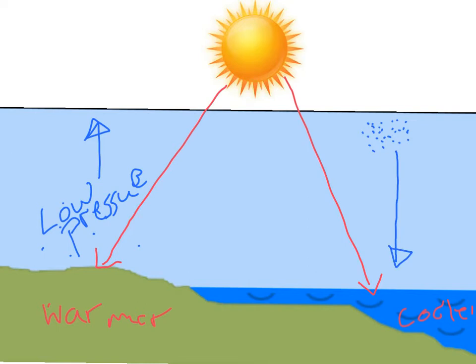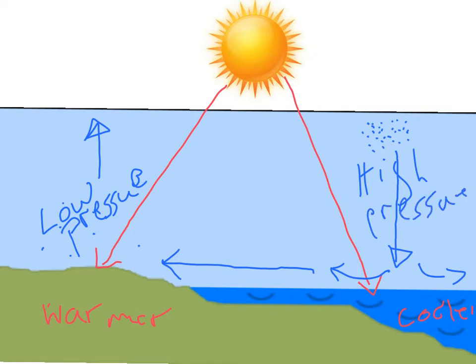As they hit the ground or the surface, they'll start to spread out in different directions. And so we get this high pressure not only falling, but also moving into the low pressure areas that were released by our warmer air.